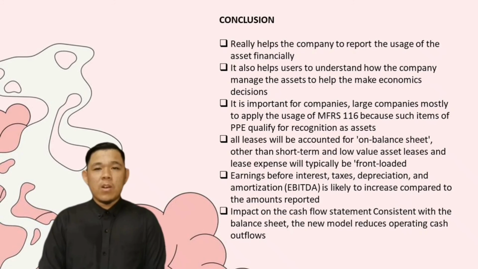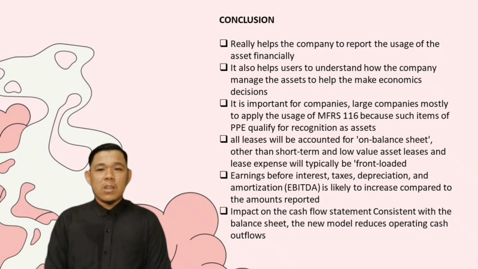The net profit, however, is likely to decrease because interest expense is typically front-loaded, as the combined effect of amortization of lease asset and interest on lease liability is higher in the early years of a lease than in the later years, and vice versa. Over the lease term, the total amount of expenses recognized remains the same.